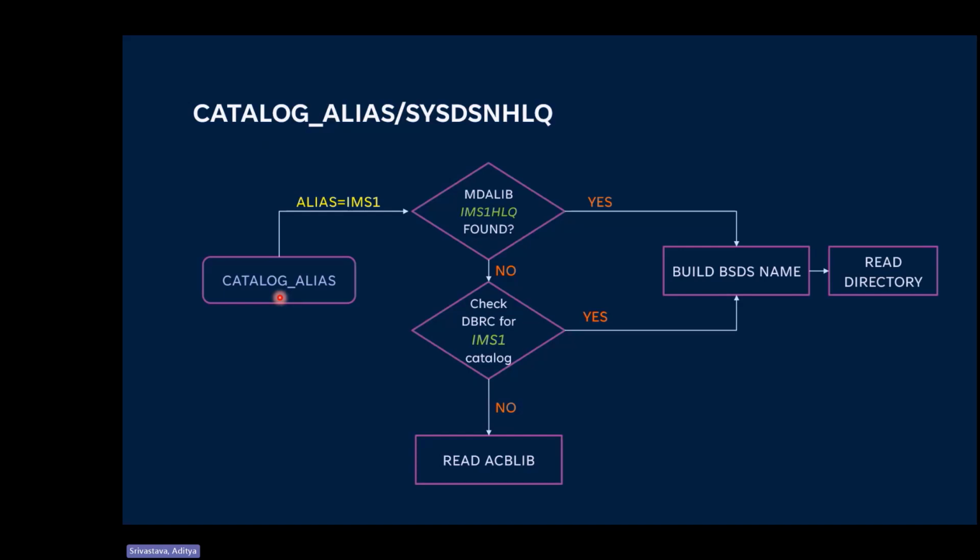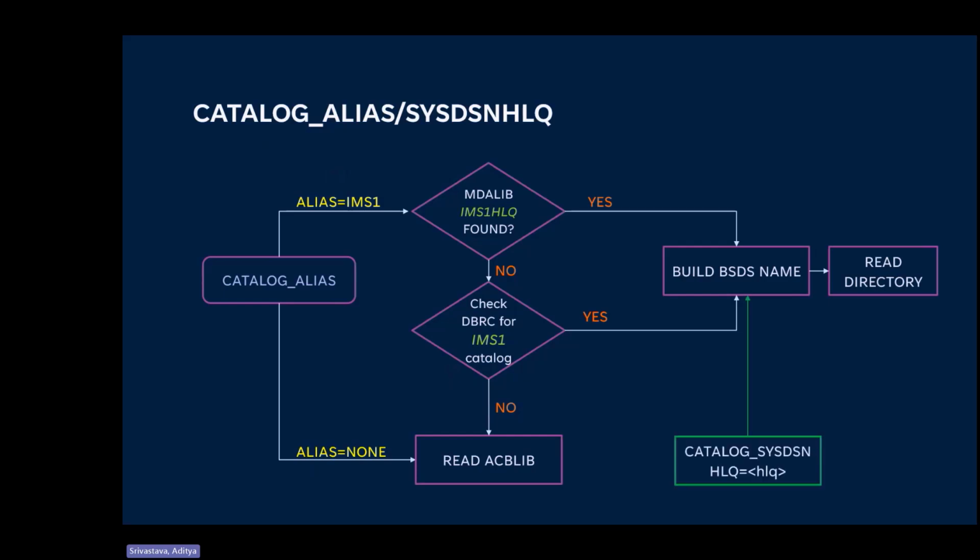You don't want the catalog to be used at all. You can use a special value, catalog_alias equal to NONE, and this means that you read the ACBLIVE directly. So you can keep using your ACBLIVE in your utilities job, and it will just access the ACBLIVE directly if you're using catalog_alias equal to NONE. So this is about the catalog alias.